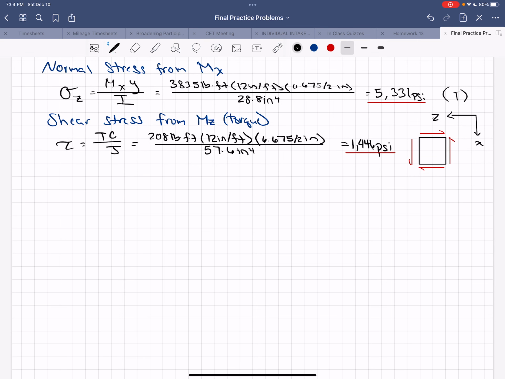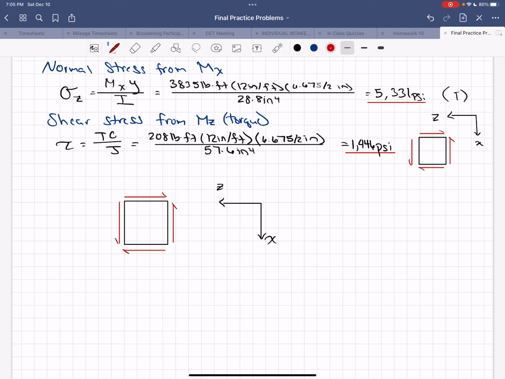So we'll draw our block. We will definitely draw our axis, where we have z positive this way, x positive this way. Our shear stress goes like this, and it is adding the two shear stresses we calculated together.